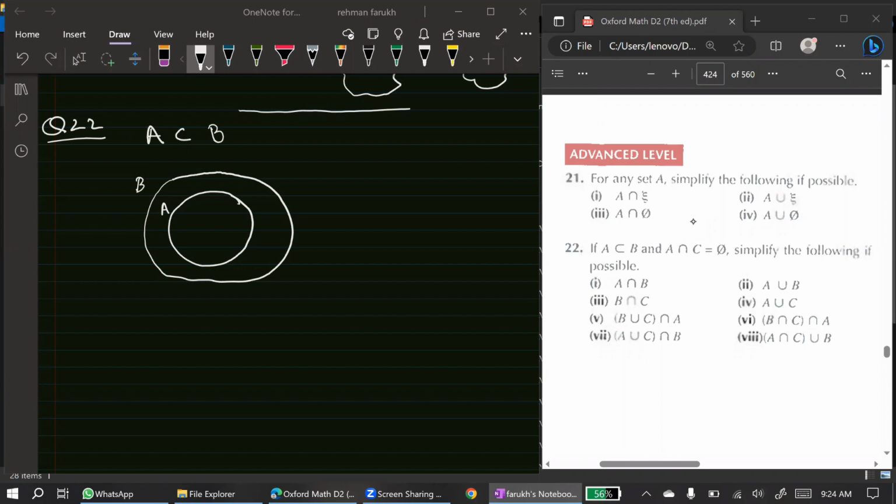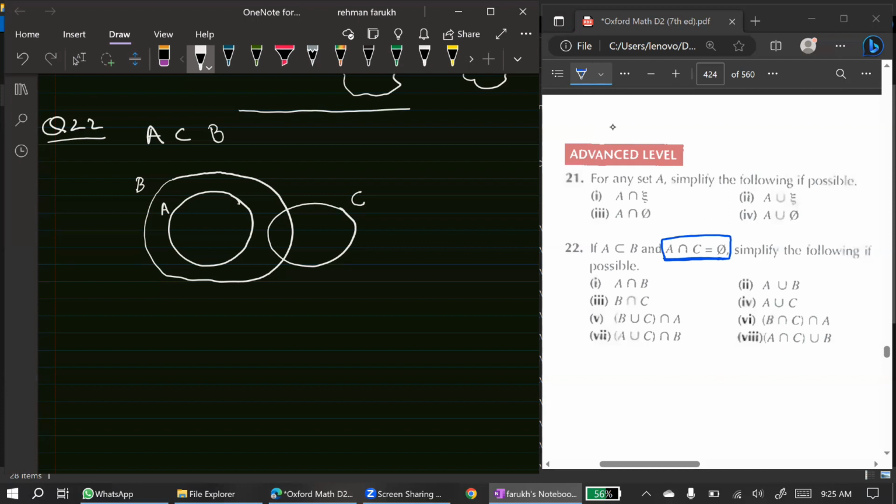Now, it is given that A intersection C is equal to phi. There is no overlapping between A and C, but C may overlap B. This one is the diagram.